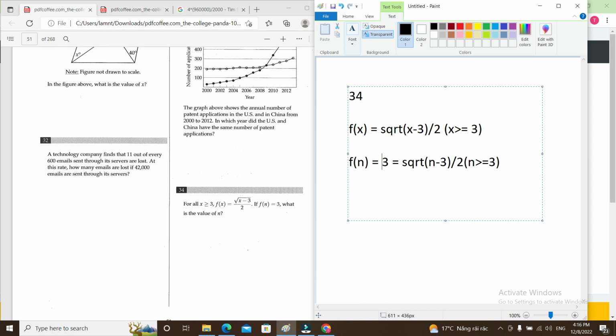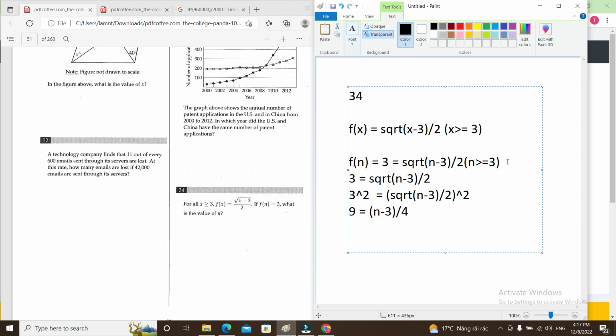So we can square both sides. We have the equation 3 is equal to the square root of (n minus 3) over 2. Squaring both sides, 3 squared, 9, is equal to (n minus 3) over 4.